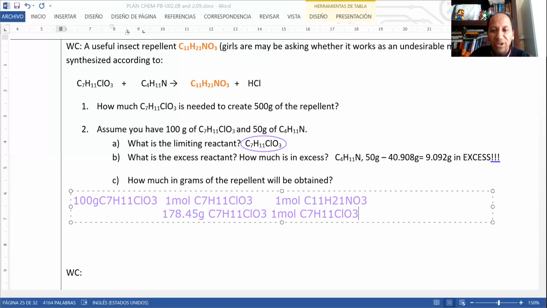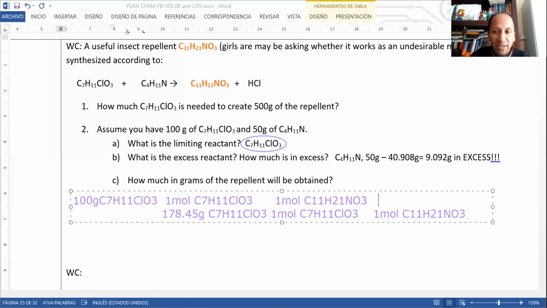And then in the lower part, you're going to put this: 1 mole of the repellent, C11H21NO3, has how much in grams? You would do the calculation: 11 times 12, plus 21 hydrogens, plus 14 for nitrogen, plus 3 times 16.